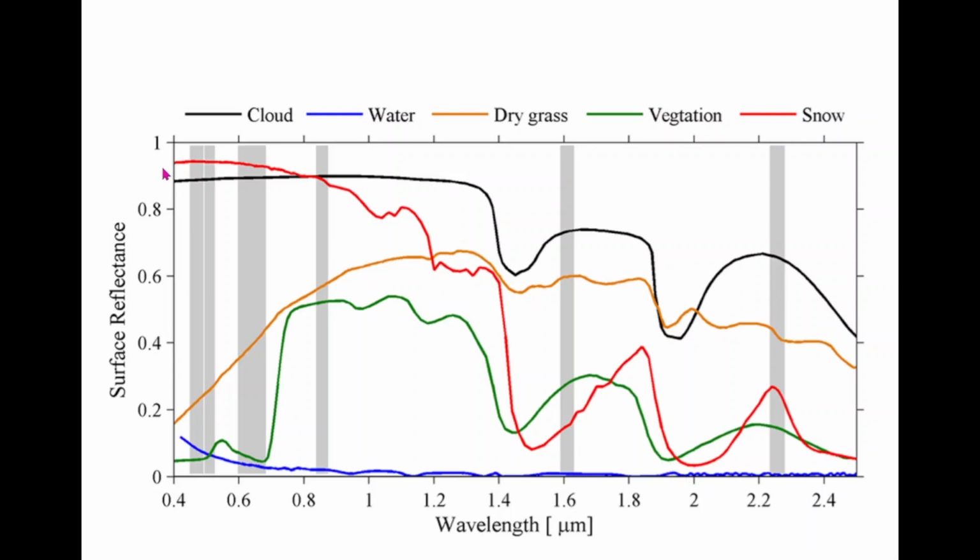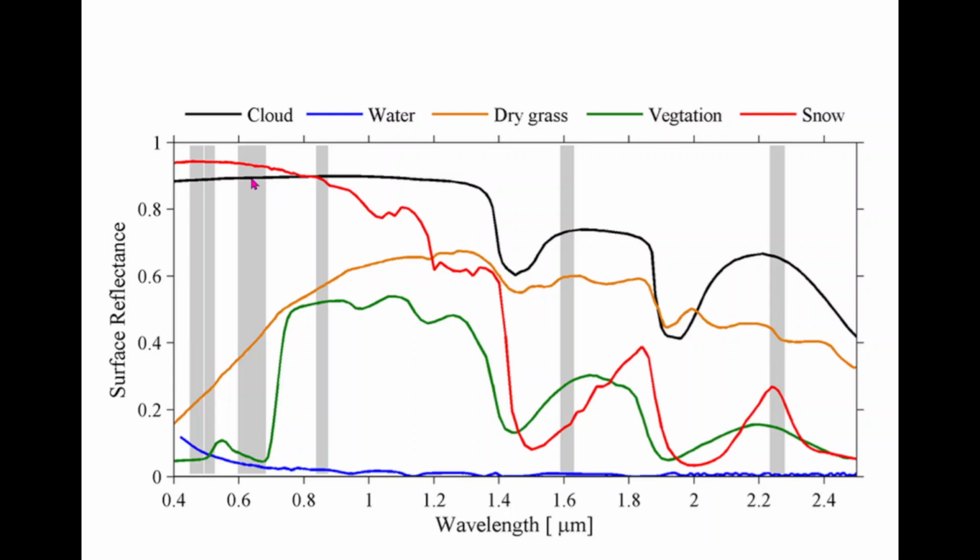Coming to snow, you will see that fresh snow, very fresh snow, no? It reflects very nicely within the visible spectrum. It keeps reflecting the visible spectrum very nicely. That is why it appears white. Similarly, clouds appear white.